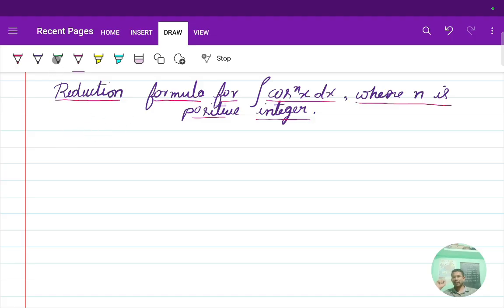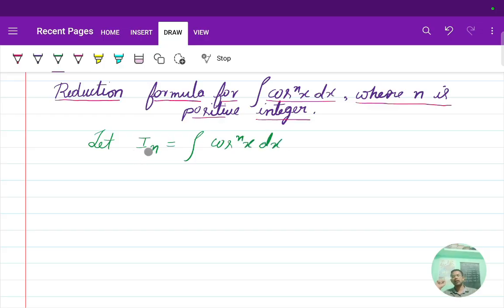Let I_n be equal to integration cos power nx dx.